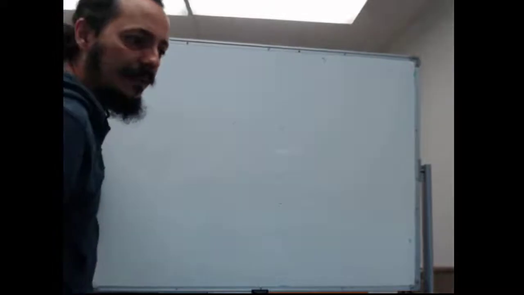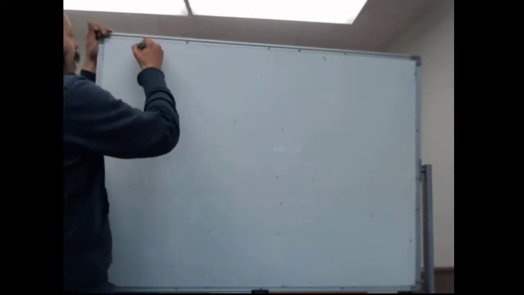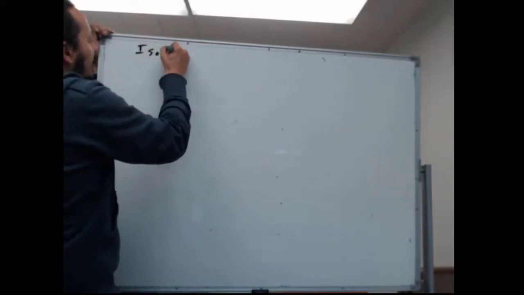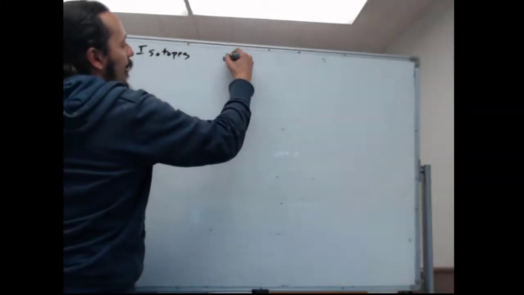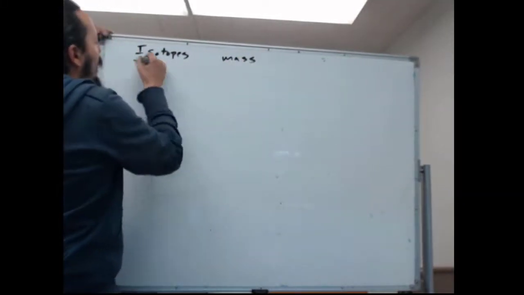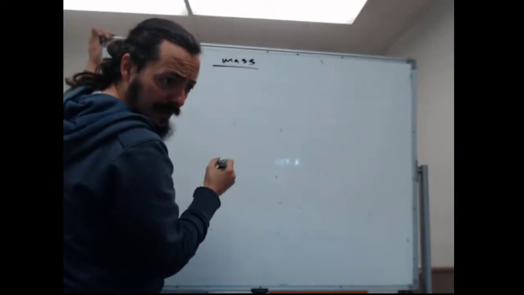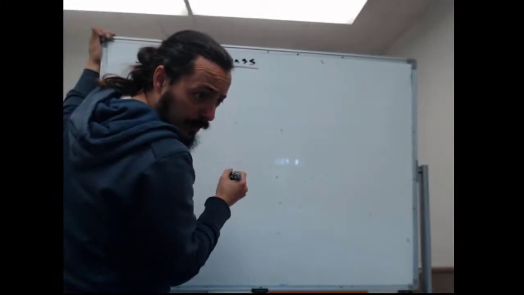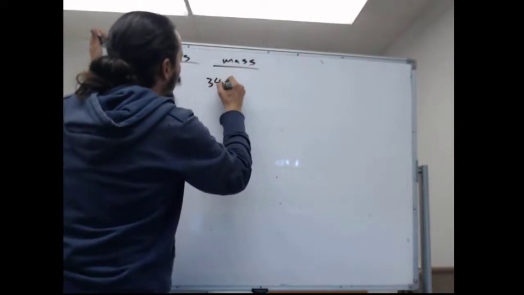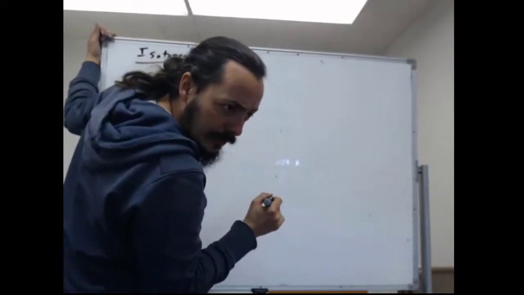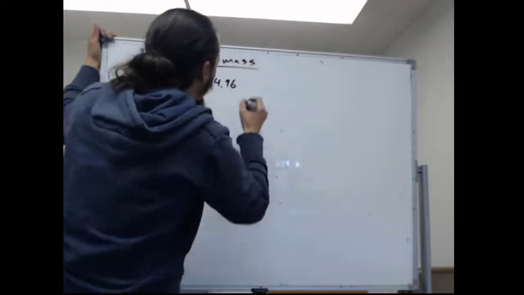Okay, so let's see what's given. We've got isotopes, we've got mass. We've got chlorine-35 with a mass of 34.96885.